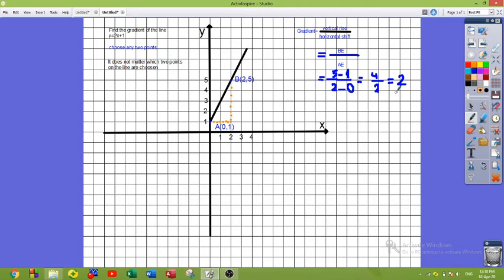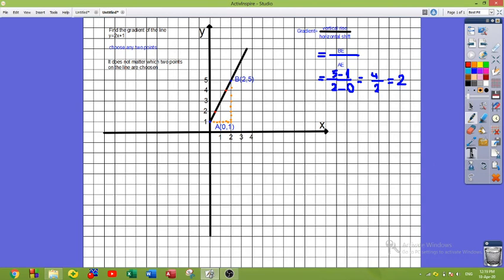Now we can solve another example taking other points. There is no problem with this. Let's choose other points, this point and this point.